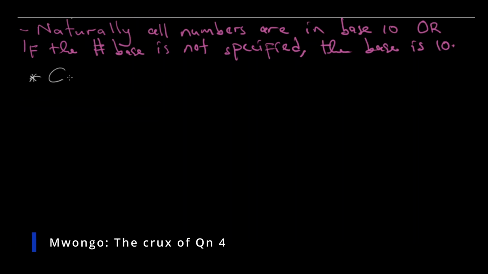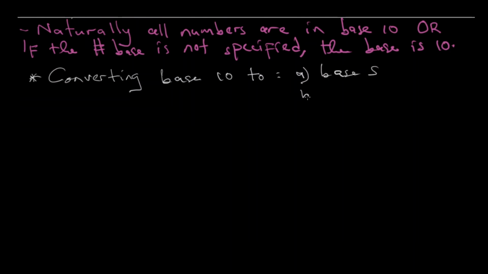is converting base 10 to A, base 5, and B, base 2, and of course we have a C, base X. This principle we are going to teach is going to uniformly apply across any other base.